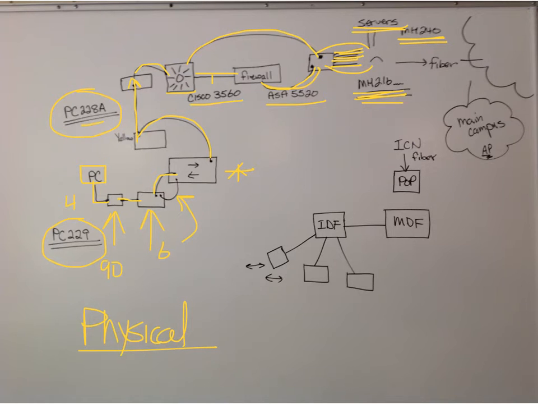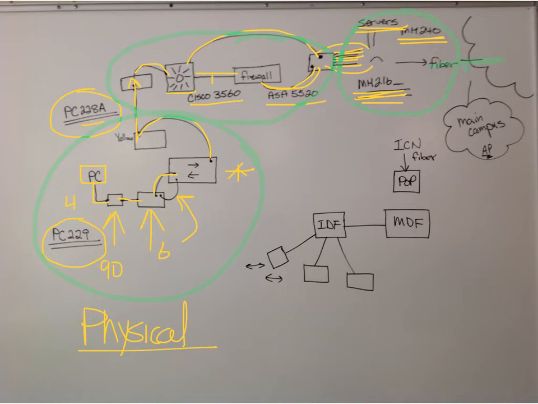So if we were to take a look, all of this is in an IDF, and then all of this is in an IDF, and then this is together, and the fiber then gets us out to the college.